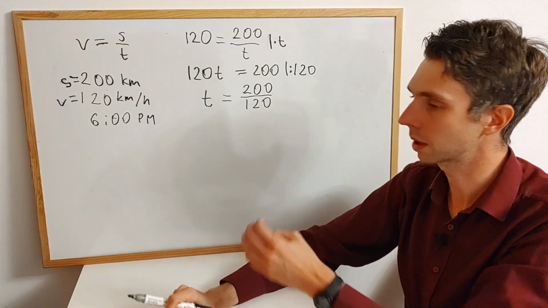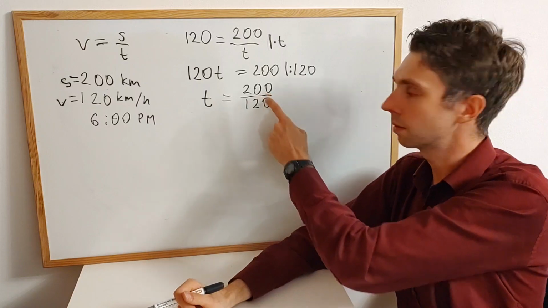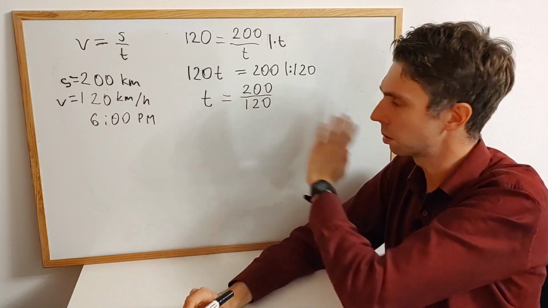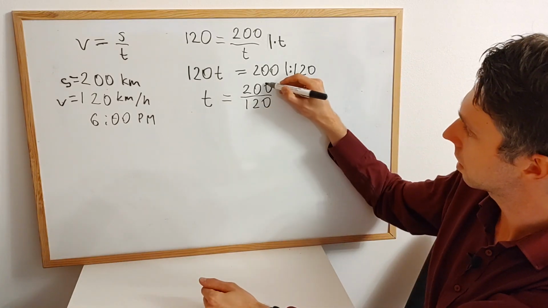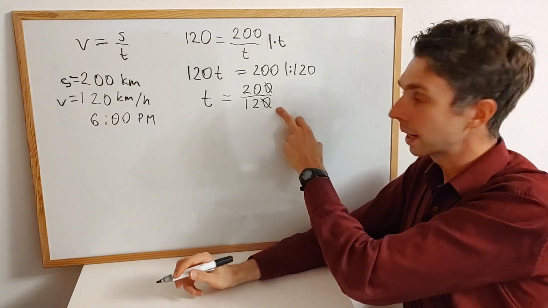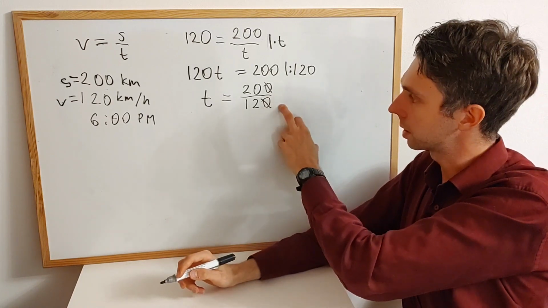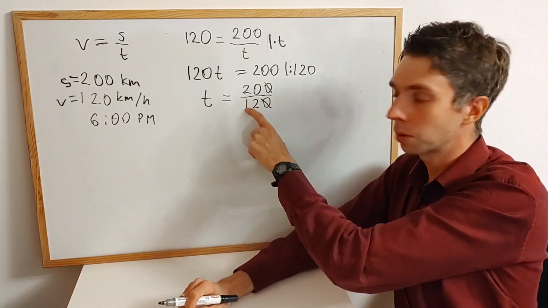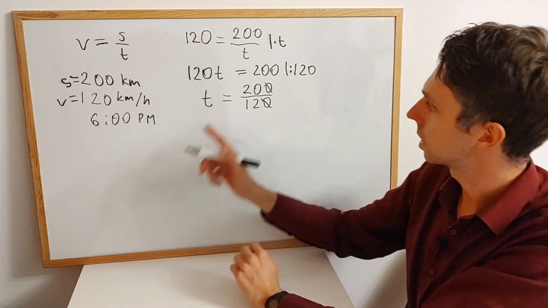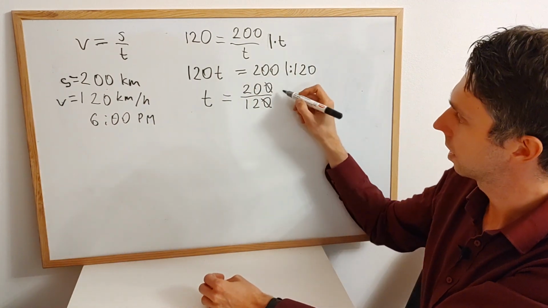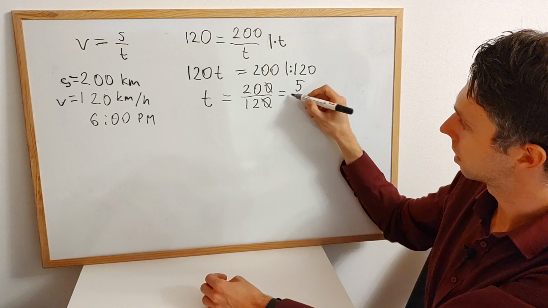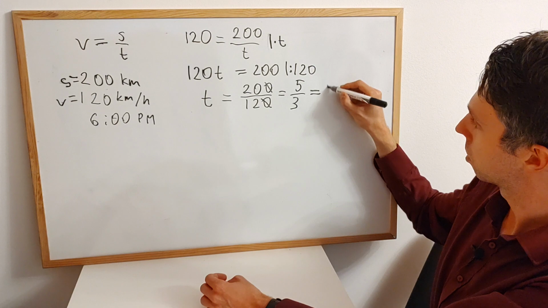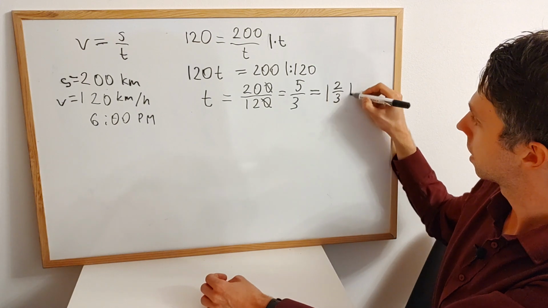So now of course you can take a calculator, divide these two numbers, but it's pretty easy, so we can do it even without calculator. So first you divide both top and bottom, so numerator and denominator by 10, then you have 20 over 12, so you divide by 4 and you have that this is 5 over 3, so this is 1 and 2/3 hours.